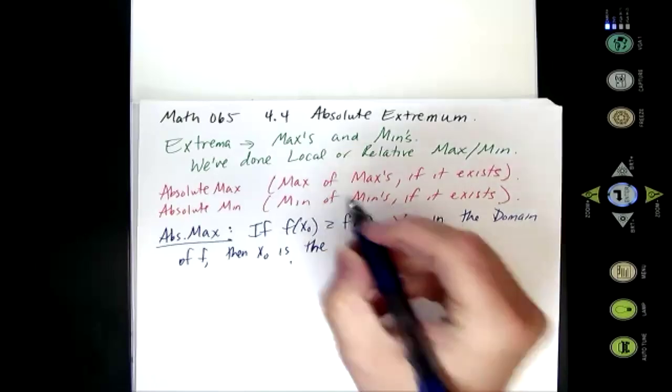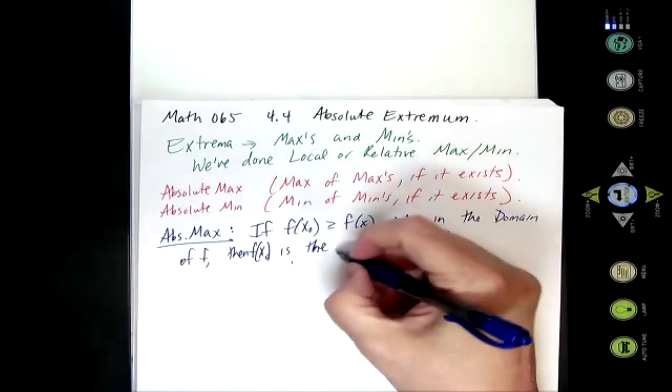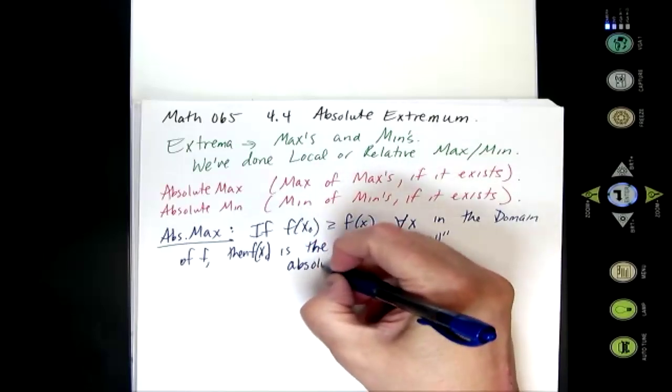F of x naught is the absolute max. It's actually the y value.